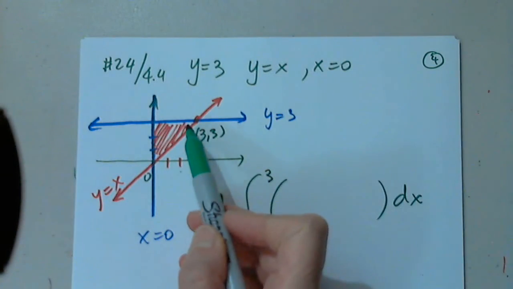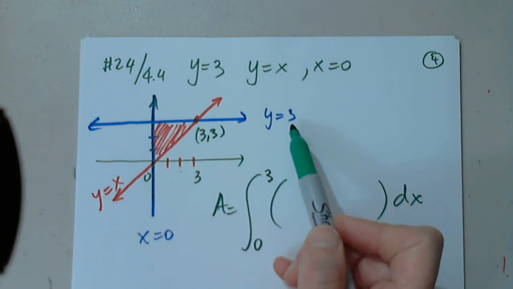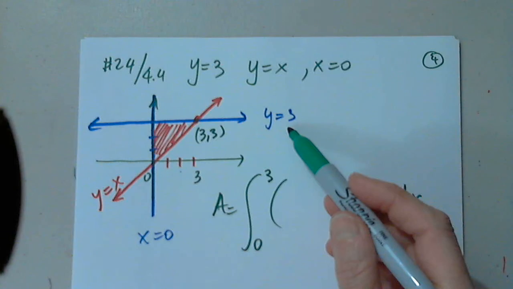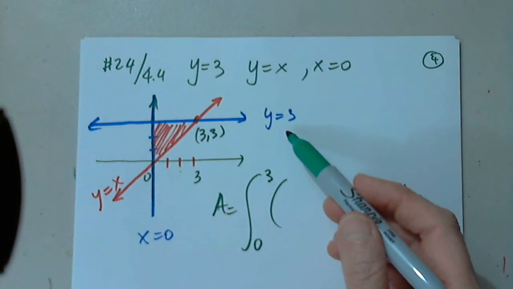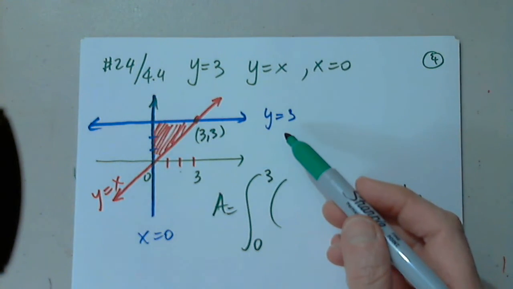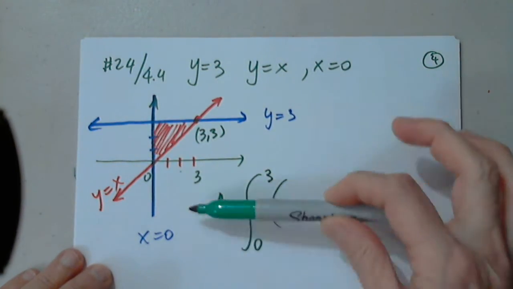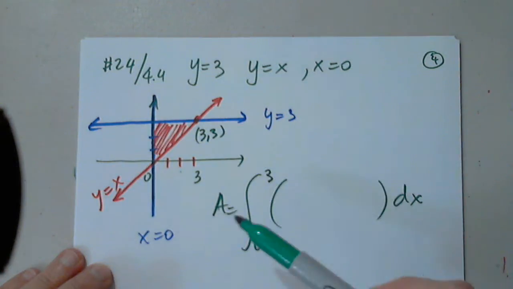from above, which is y equals 3, minus below. I'm having a problem with that. I see your question. Now I see. I'm going to write it, but I'm going to cross it out.